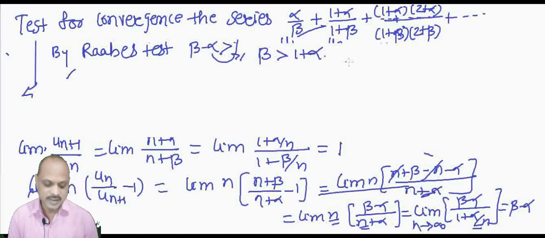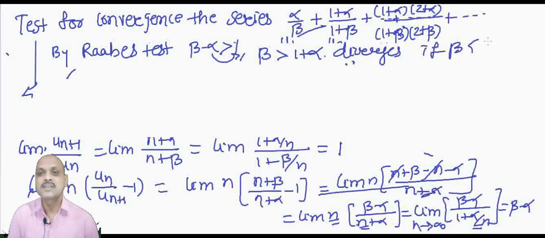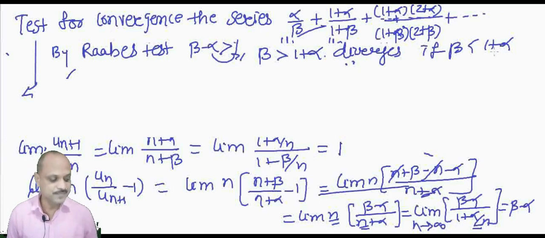The series converges if beta is greater than 1 plus alpha, and diverges if beta is less than 1 plus alpha. Whenever beta is less than 1 plus alpha, by Raabe's test the series diverges.